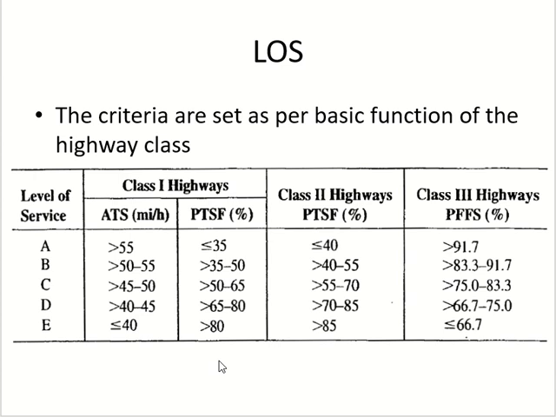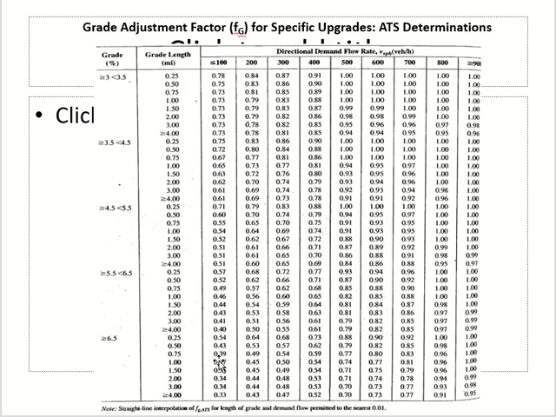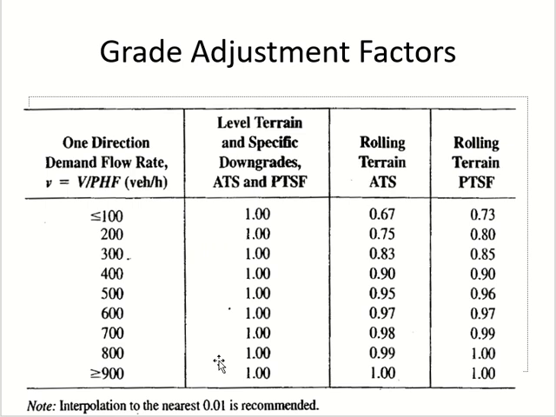Free flow speed you already have. So even if you want PFFS, you have to calculate ATS. If you are class 2, then you have to calculate PTSF. If you have class 1, you have to calculate both. So you should know which class you have, and according to the class you will decide what you want to calculate. That means for calculation of each parameter, Fg is different.